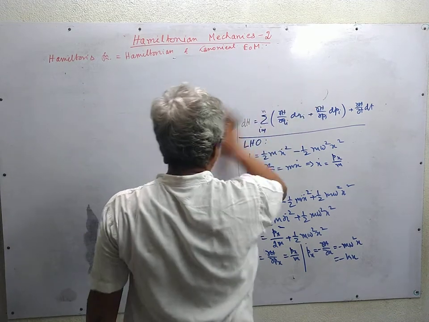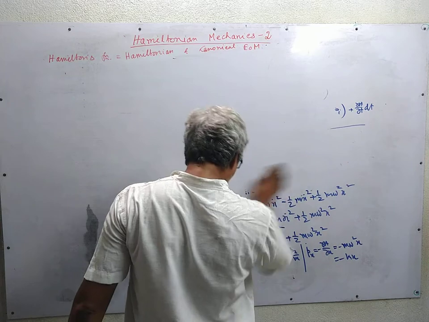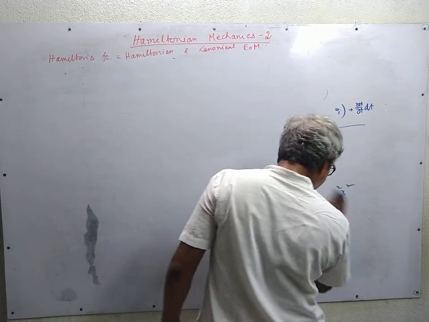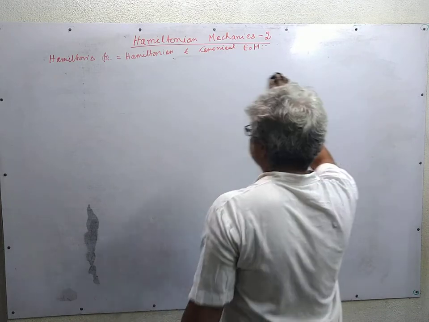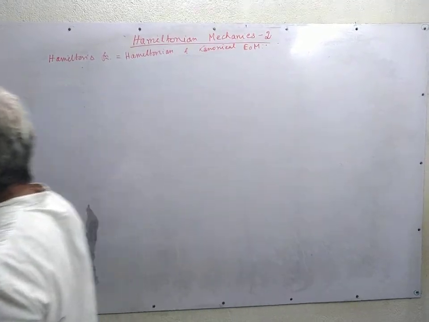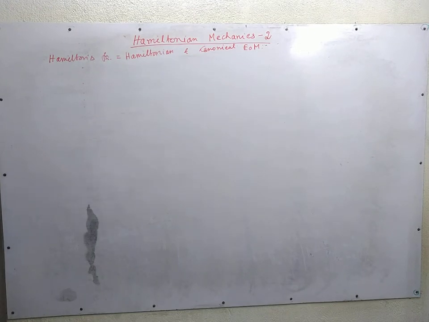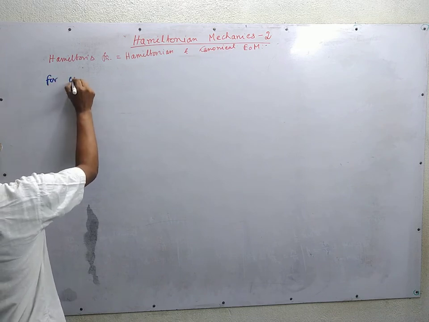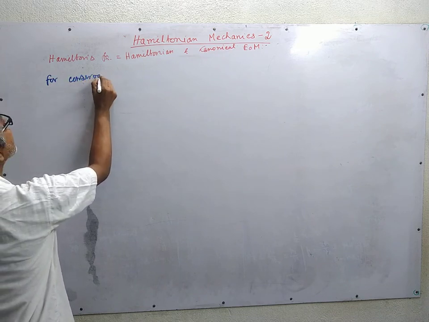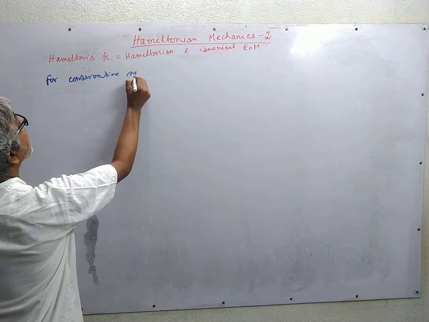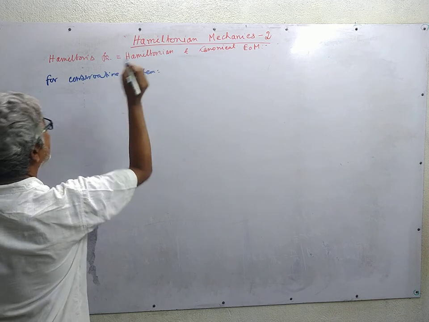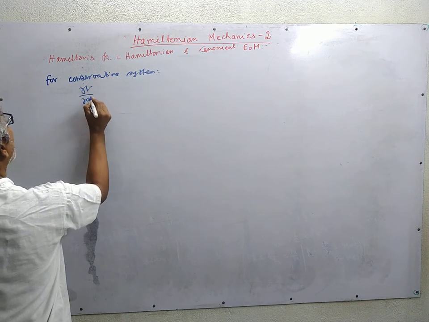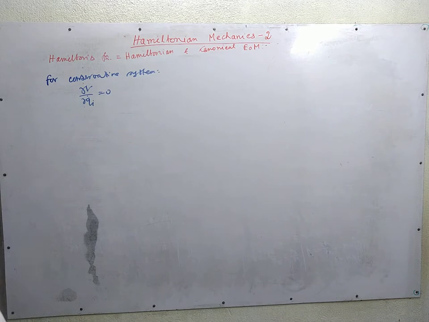We consider a conservative system. For a conservative system, we know that the potential energy does not depend on velocity. It is a function of coordinates only. So for a conservative system, del V del Qi dot is equal to 0.